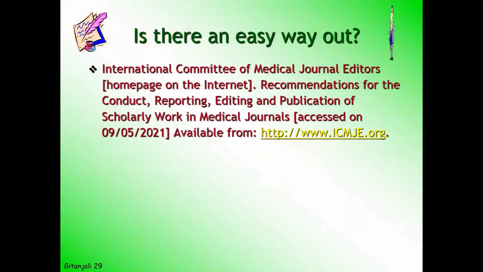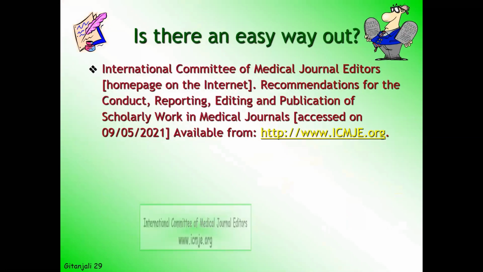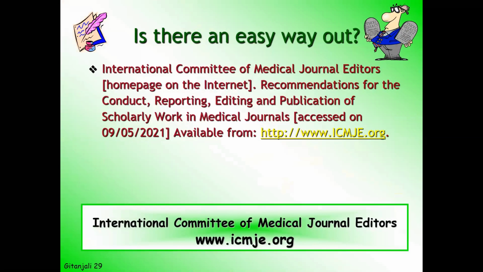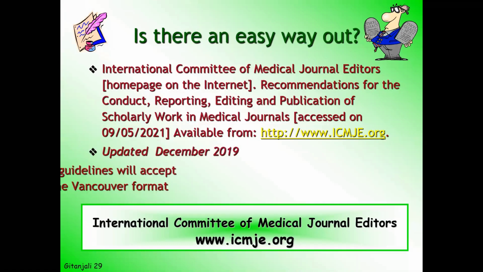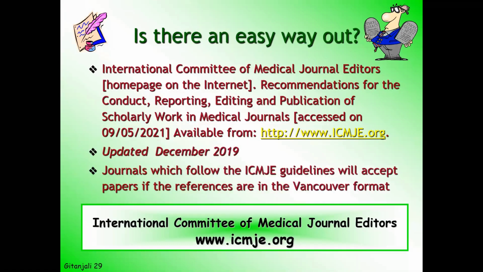So is there an easy way out? Yes, please go to the International Committee of Medical Journal Editors, ICMJE. You can go to their website and you will get a link to Citing Medicine. Then you will be able to get the referencing from them. Journals which follow the ICMJE guidelines will accept papers if the references are in Vancouver format.